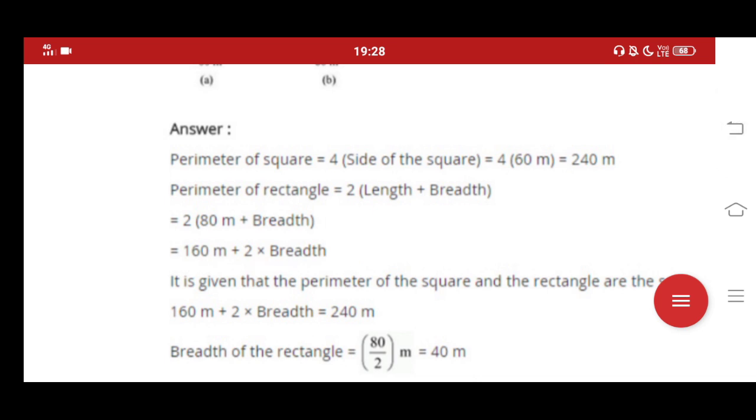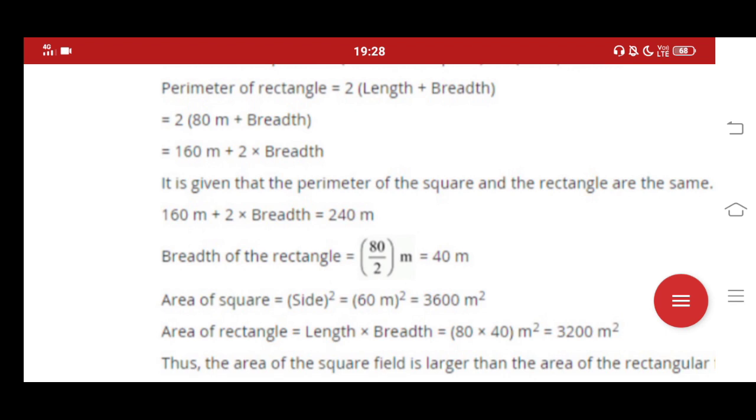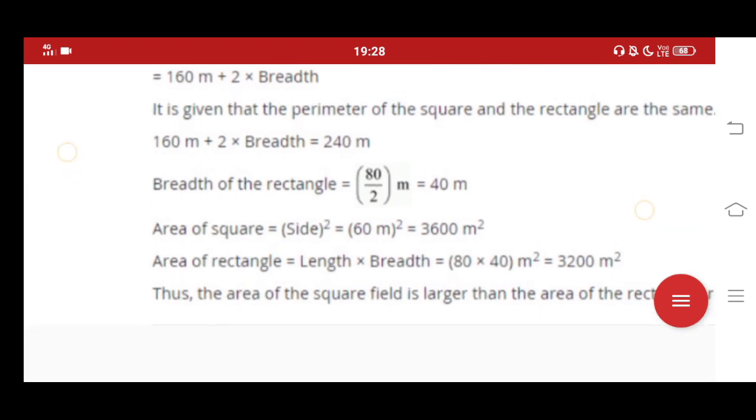Now in the question it is given that the perimeter of a square is equal to the perimeter of a rectangle. So the perimeter of the rectangle equals the perimeter of the square.